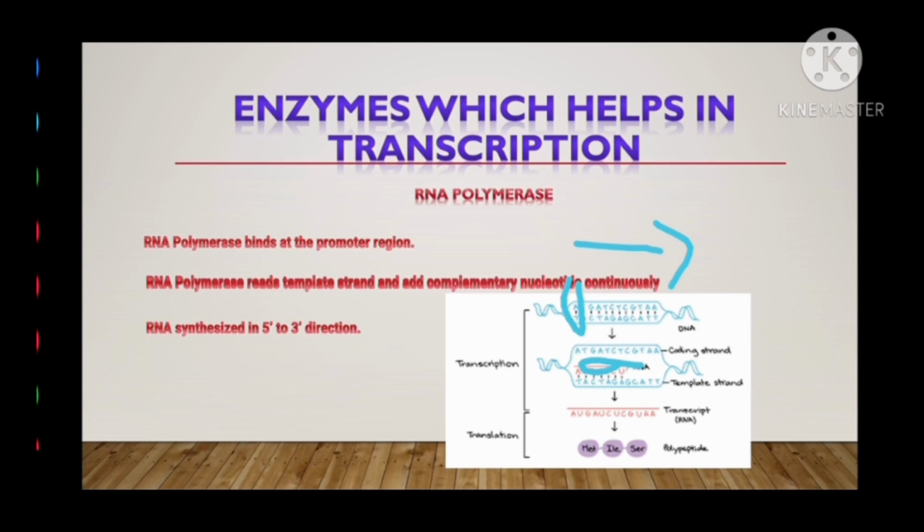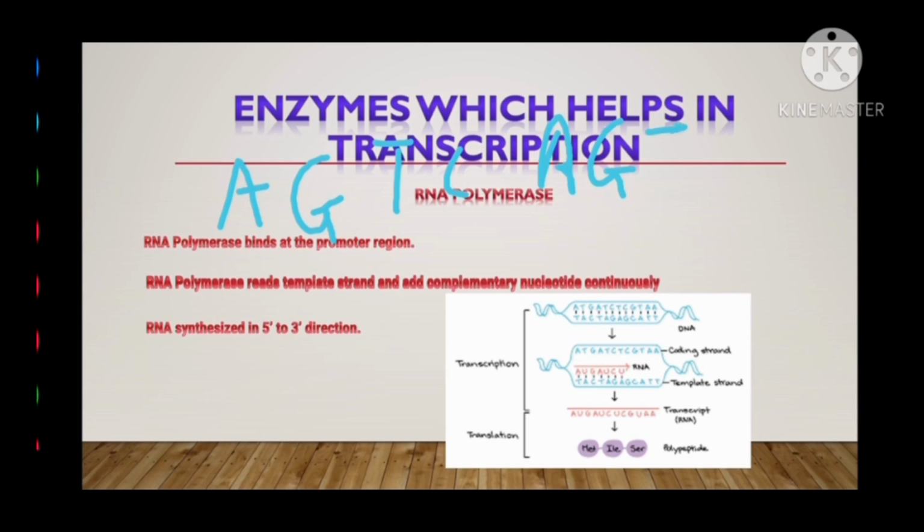For example, if on the template strand the sequence is something like A, G, T, C, A, G, T, C, right? As the RNA polymerase passes along it, it reads it and also creates the corresponding bases on the other side. This is how it will keep on creating the corresponding RNA segment.